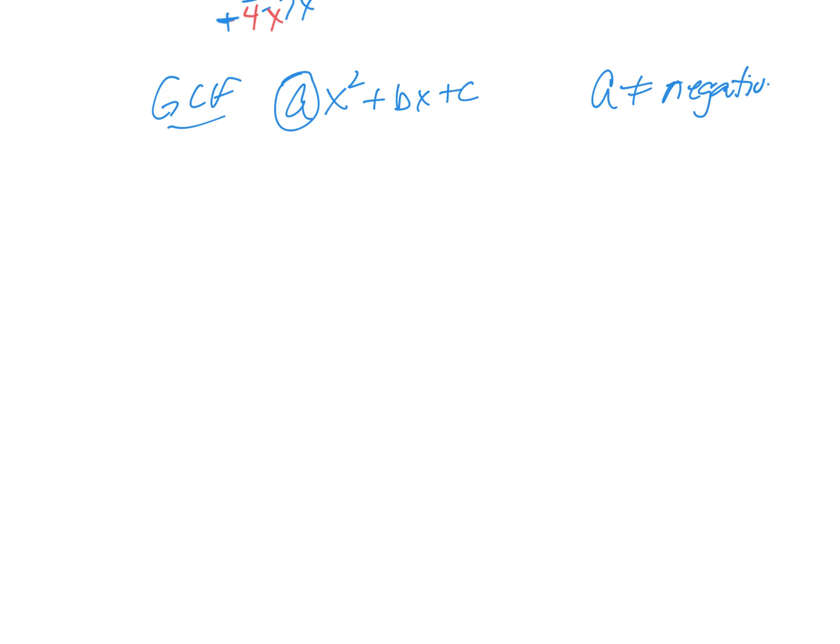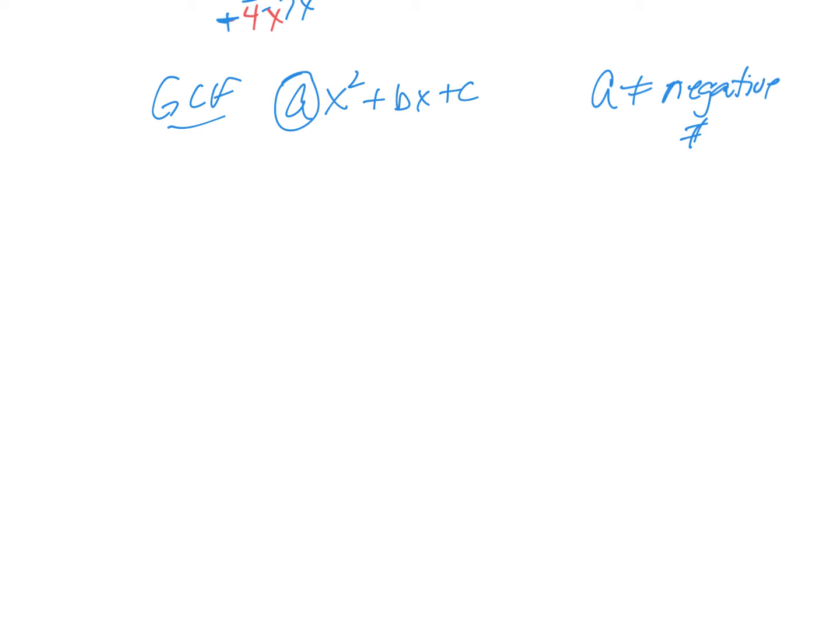Okay, so then you're going to also look for your greatest common factor today with the a value, that ax squared, right? This value plus bx plus c, where a cannot equal a negative number. So that's also going to factor out a greatest common factor of a negative number.